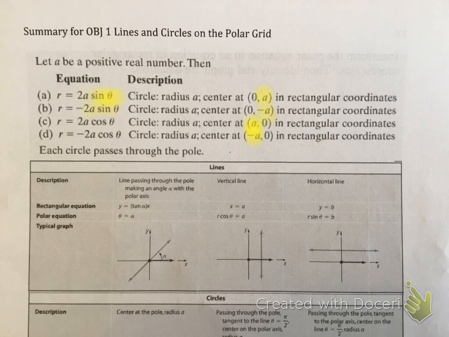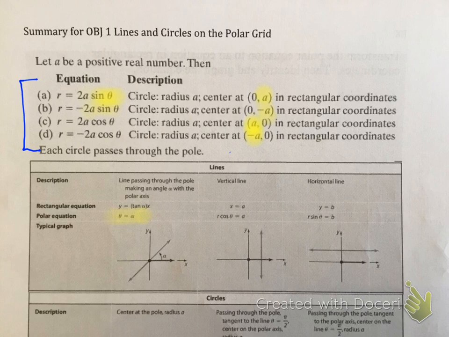If you don't want to memorize this, if you can convert it, and they make you do it anyway, into rectangular coordinates, then you don't have to memorize any of this. Here's some more information. If we look at a line, the formula in polar is theta equals some value alpha.